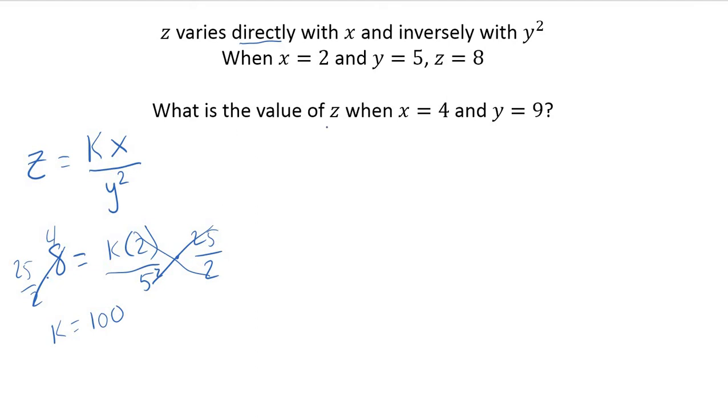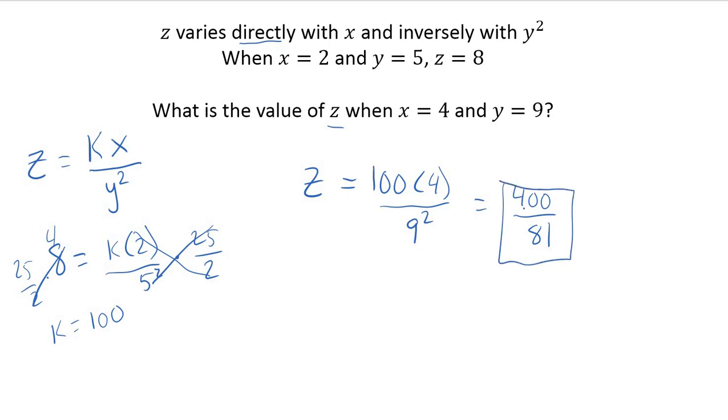What is the value of z when x is... okay, so they don't want the equation, they actually want us to find a specific z. So let's plug things in. 100 is my k that I just found, times x over y squared. So that's going to be 400 over 81, and honestly I'd probably just leave it like that.